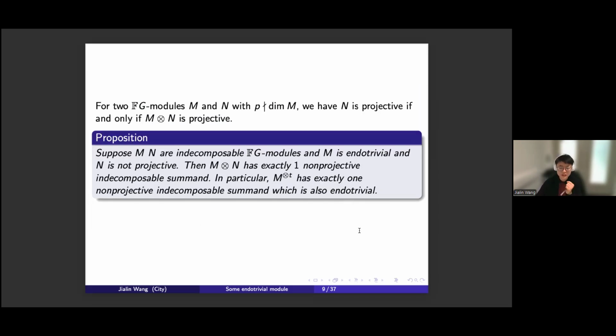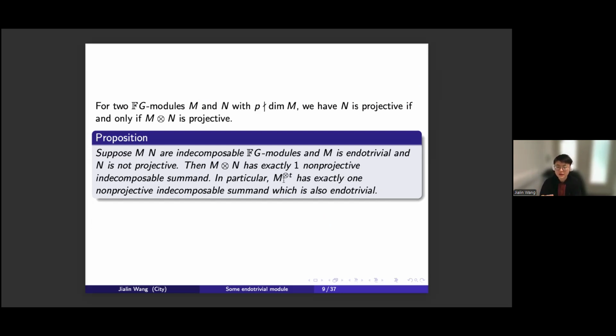Now, last but not least, I want to point out this proposition, which is quite important to understand endotrivial modules. Take two indecomposable modules, one M, which is endotrivial, another N, which is not projective.